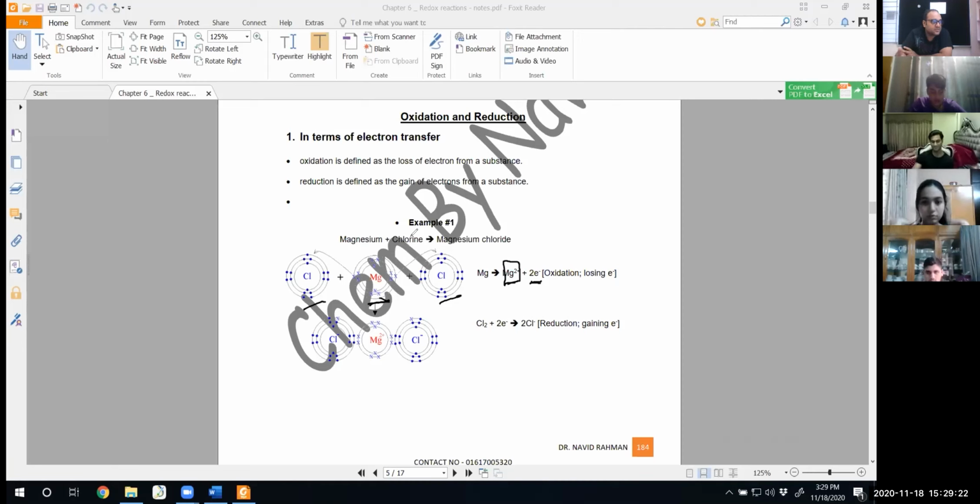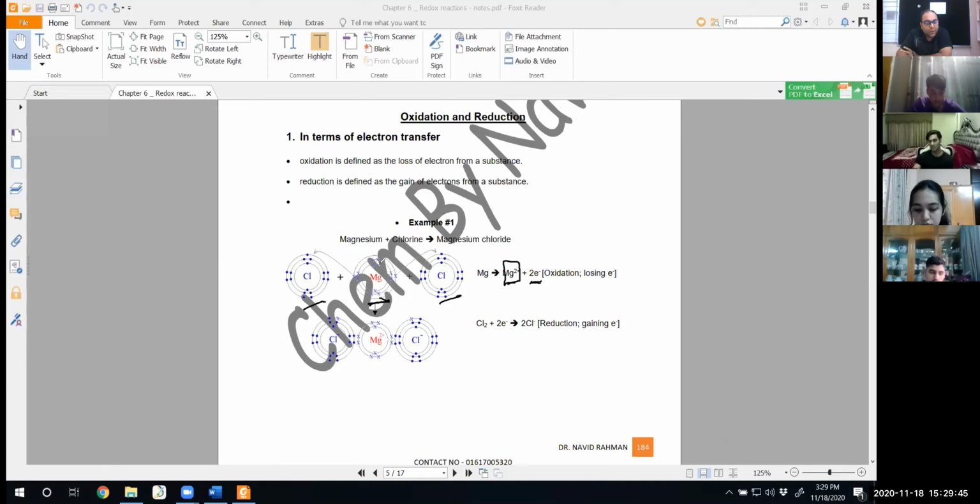It's not going to be possible. If it is, that means the substance releasing 2 electrons is there 3 times, so 3 into 2 is 6 electrons. These 6 electrons are being lost and eventually gained by its counterpart.